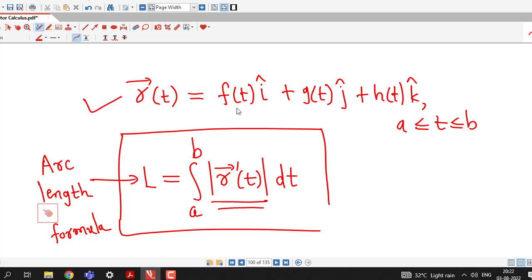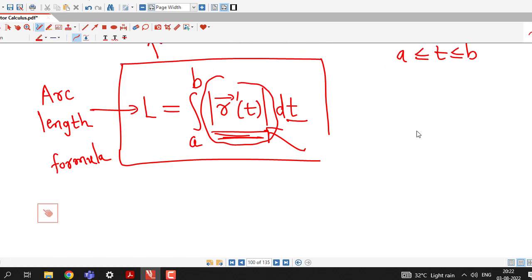First you write down the parametric representation for the given curve. If it is not given, then you find the derivative r bar dash with respect to t, then find the length or magnitude of r bar dash t, and then integrate that length with respect to t from t equal to a to t equal to b.